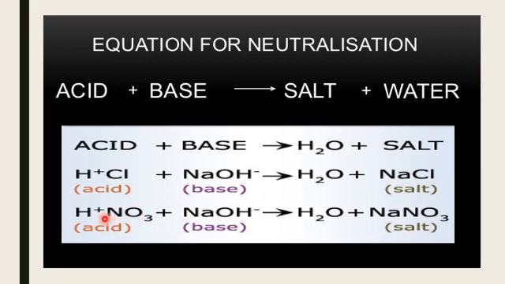Another chemical equation: nitric acid, HNO3, contains one hydrogen ion. It reacts with a base, that is sodium hydroxide, which contains one hydroxide ion. When nitric acid reacts with sodium hydroxide, they form water and salt, that is sodium nitrate. So these are some examples of neutralization reaction. It means acids and base react together to form salt and water.